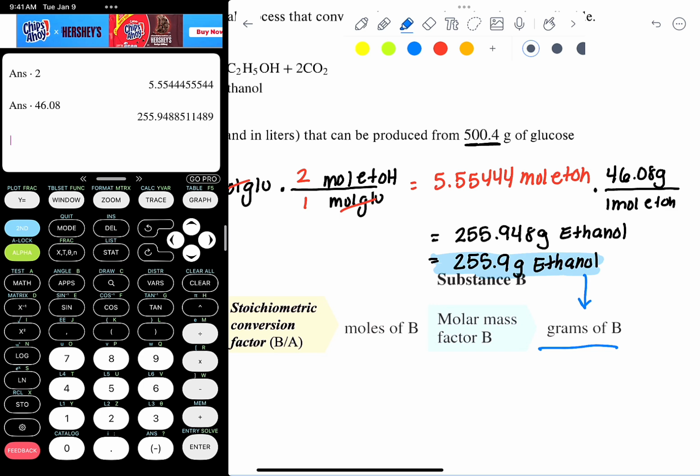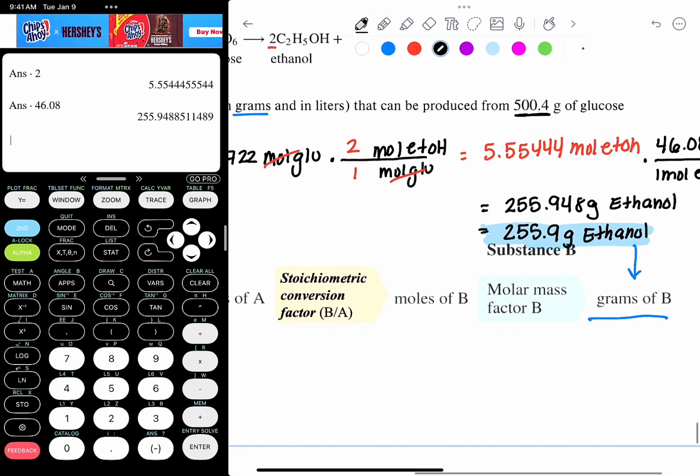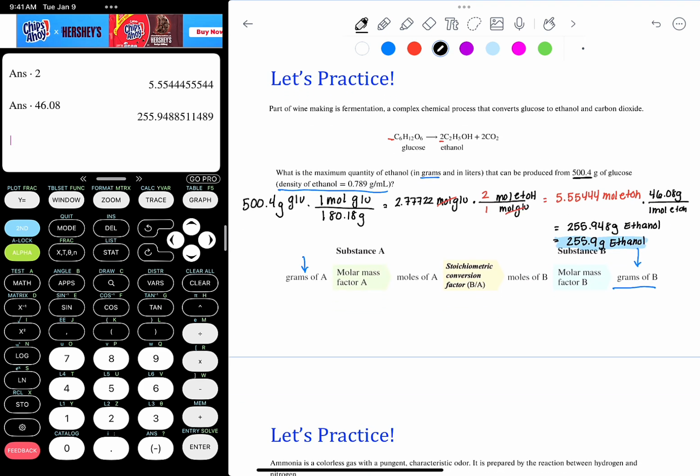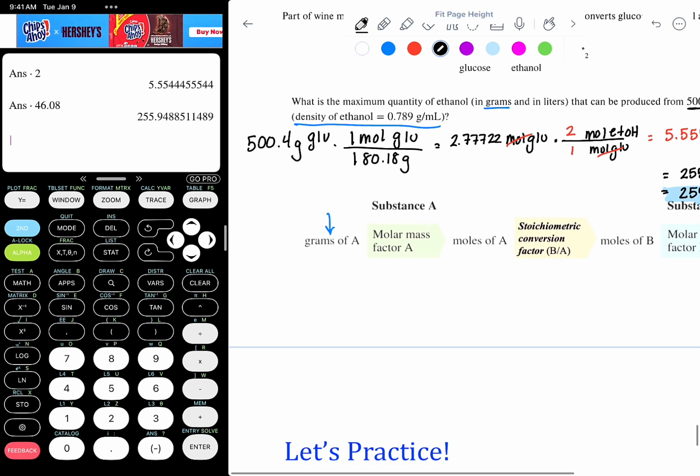Now the second part of this problem asks us to do the volume in liters. So we have grams of ethanol. We can use the density of ethanol to solve for the volume. So we can say that the density is equal to the mass over the volume. So I know my density is 0.789.